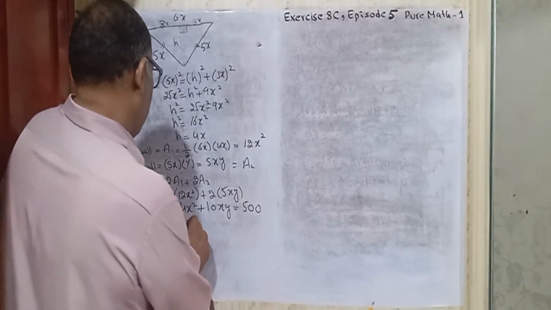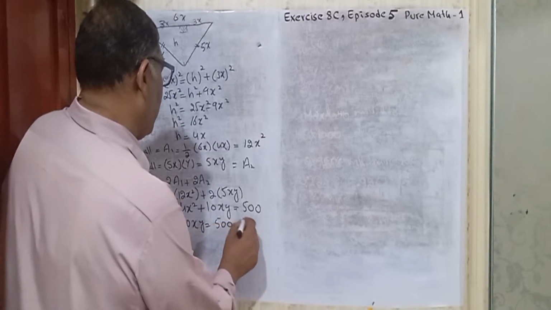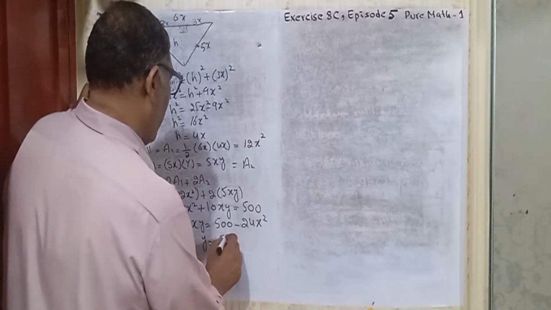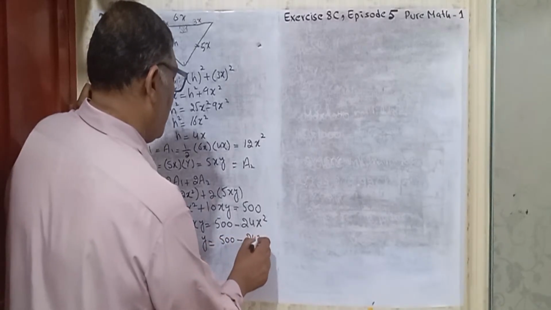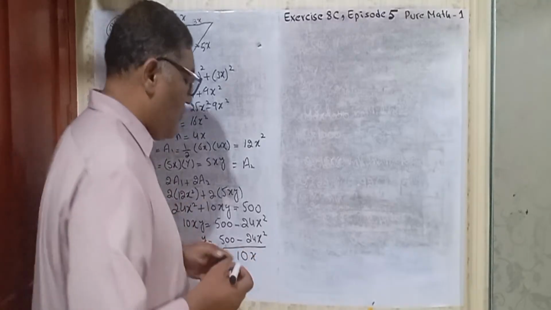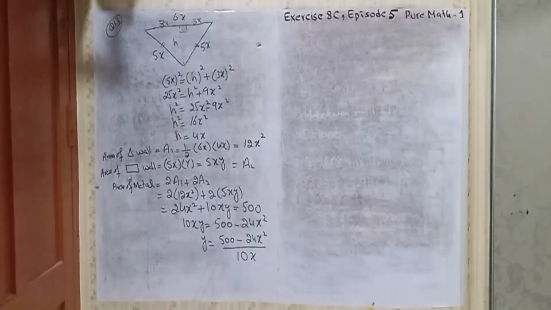It will be 10xy equals 500 minus 24x squared. So y will be equal to (500 minus 24x squared) divided by 10x. In the book, the answer is 500 minus 24x squared divided by 10x.